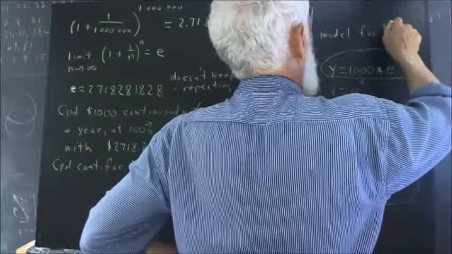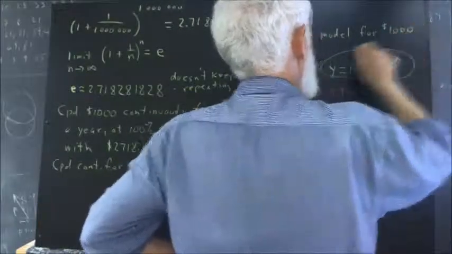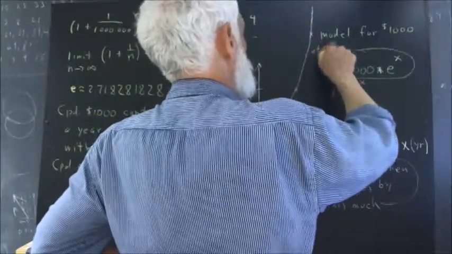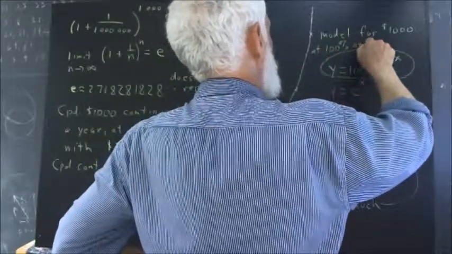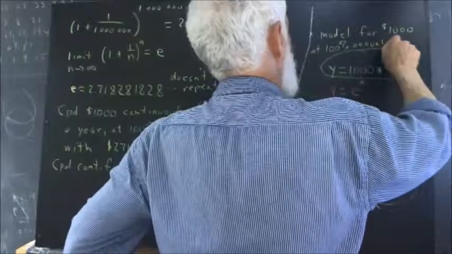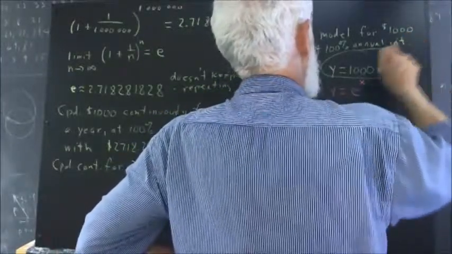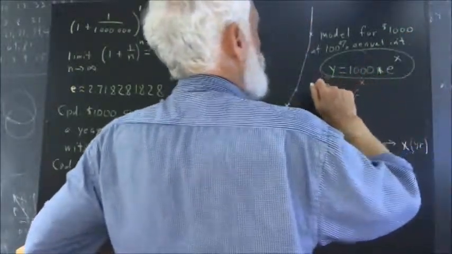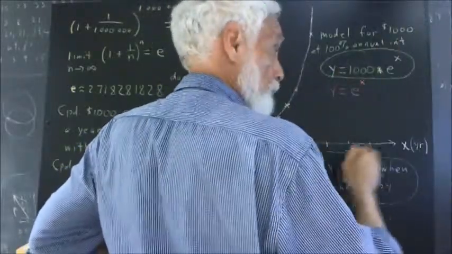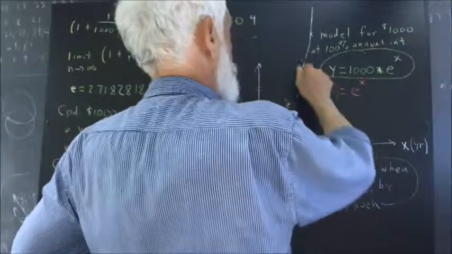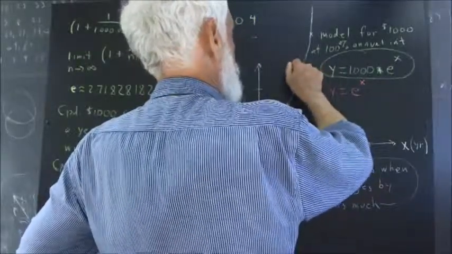For $1,000 at 100% annual interest, compounded continuously. I wrote the word annually, and I don't have room to write compounded continuously, but I'll sneak it in here.